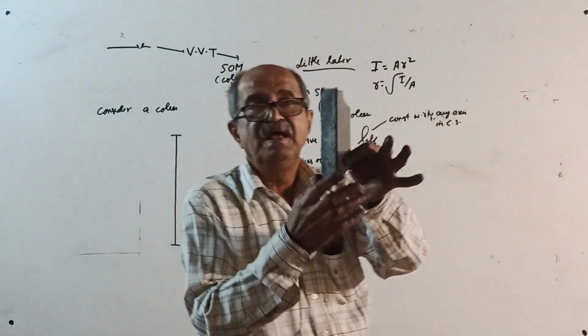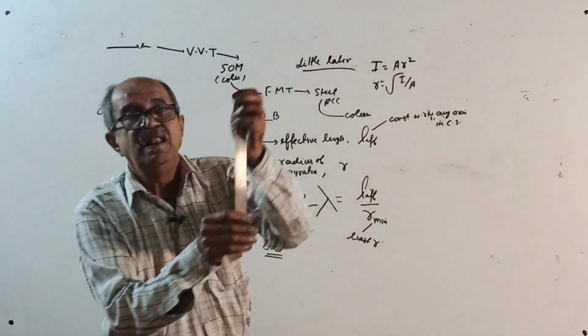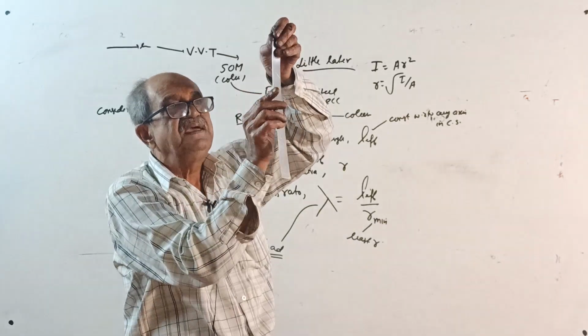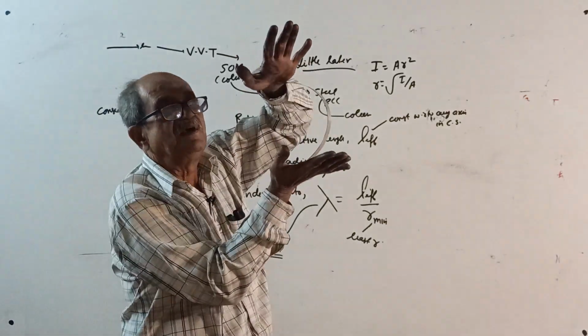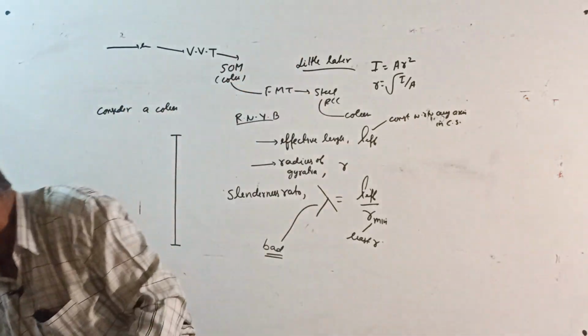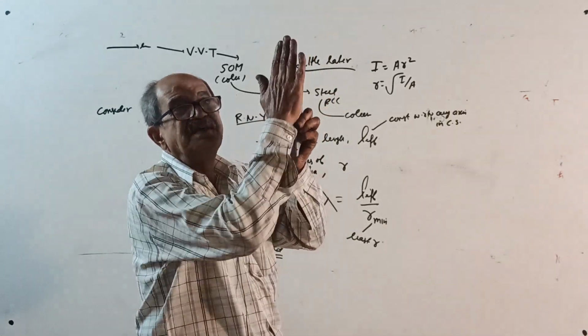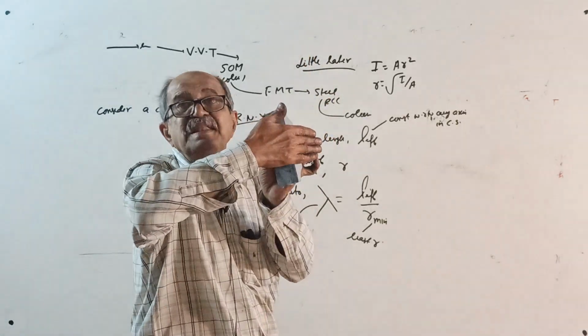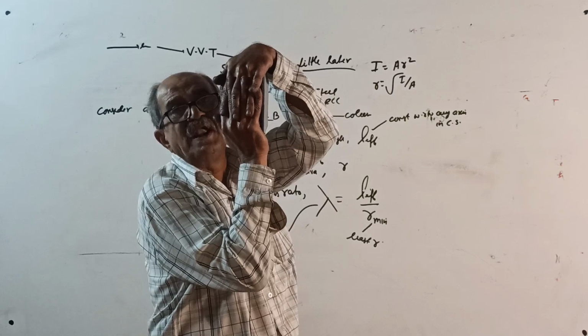First time I told you, length increases, thickness decreases, it is likely to buckle, a very weak column. Whereas as lambda decreases, either the length decreases or the thickness increases, then it won't buckle.